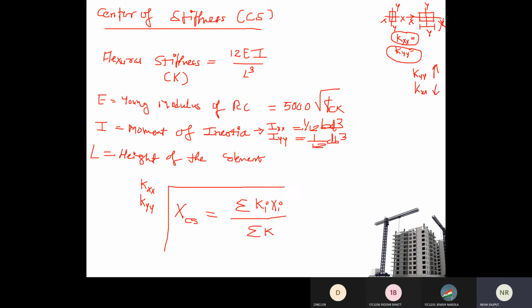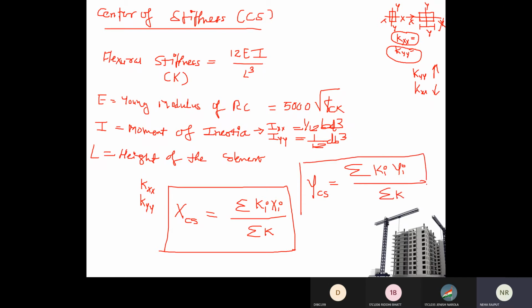This is to find the x center of stiffness, and y center of stiffness is equal to summation of ki yi upon summation of k. This is the generalized equation to find the center of stiffness in x and y direction.